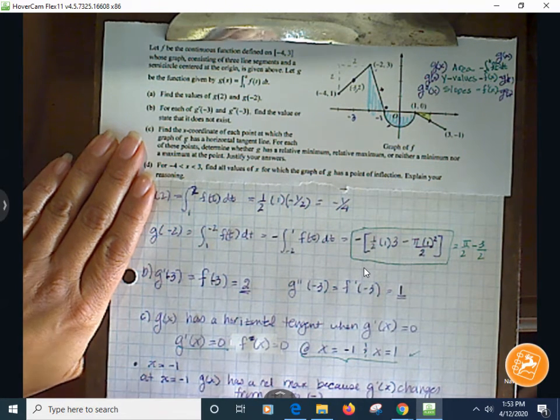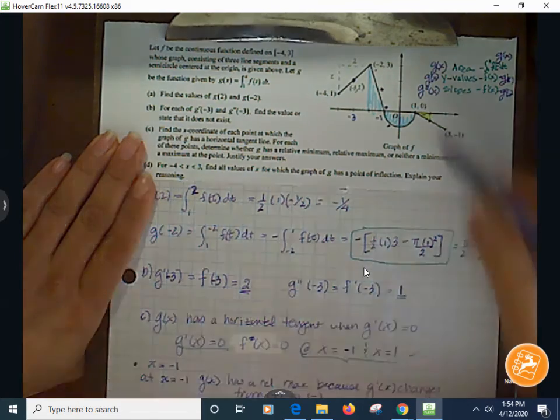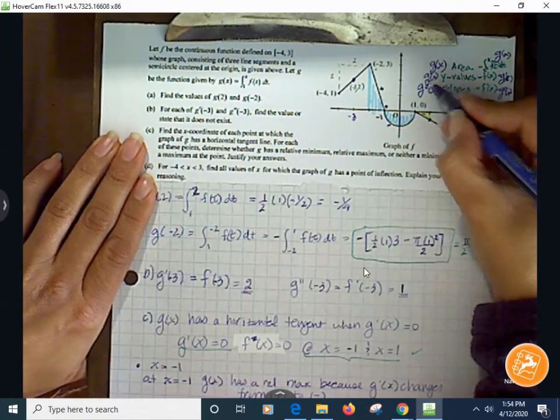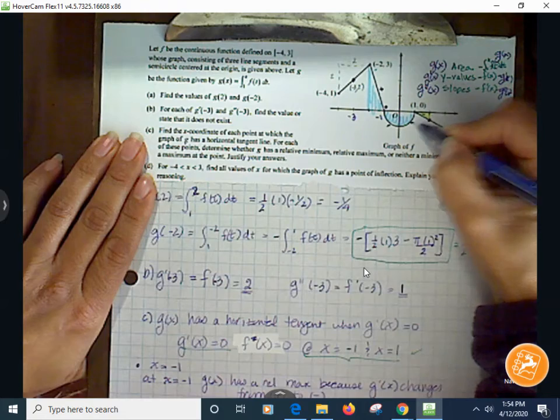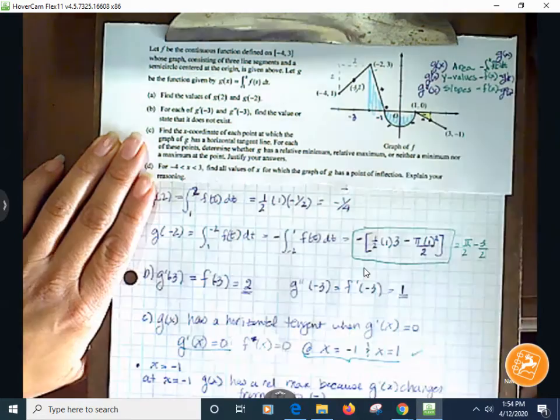And then at x equal to 1, let me see what happens to g prime. This is negative and that's negative, so it doesn't change sign.